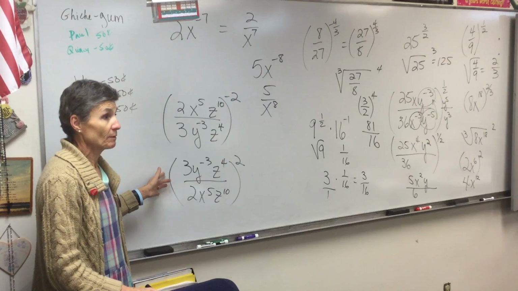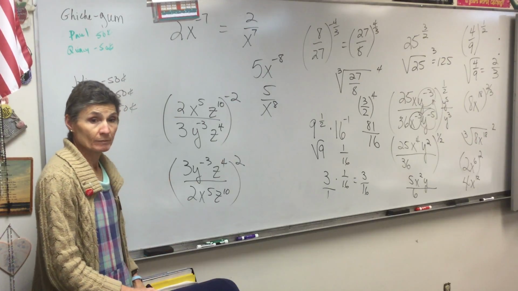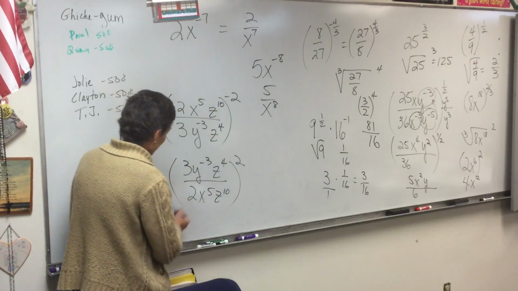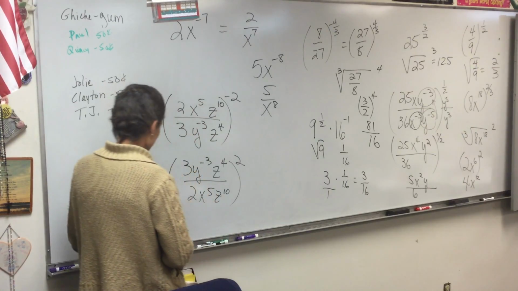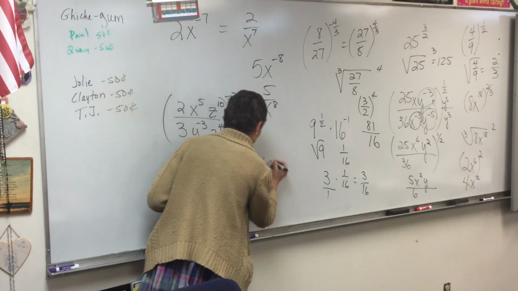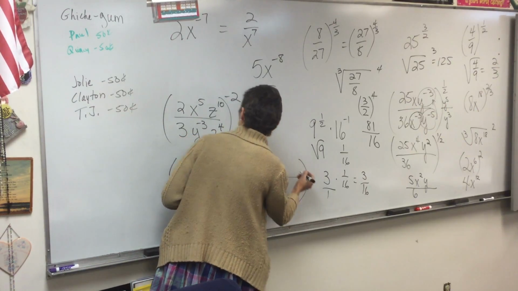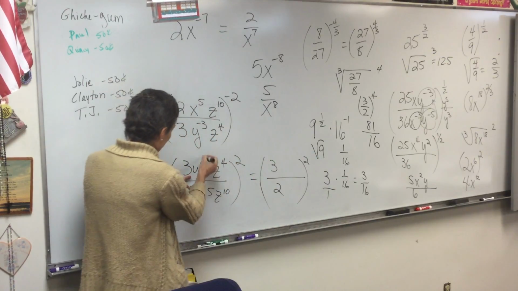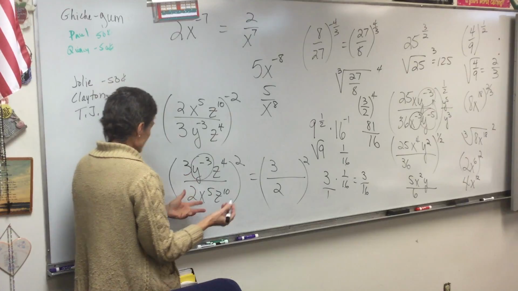Now we're done flipping. So now what do you want to do? Combine your x's and y's. Oh, I got x's and y's and z's all floating around. So let's see. So I got 3 and 2. Now what about this y? It just goes down.